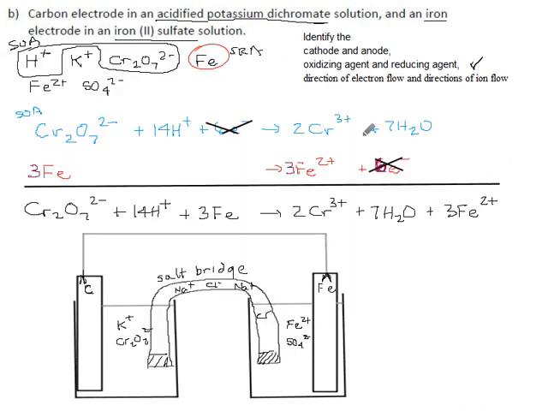Now, if you check in your data book on the ion color list, I believe you'll find that chromium ions, what are we making here? Chromium 3 ions are blue-green when there's a lot of them, or more like green if there's only a few. So around this electrode, where we're creating chromium ions, you can expect to see a blue-green color forming.